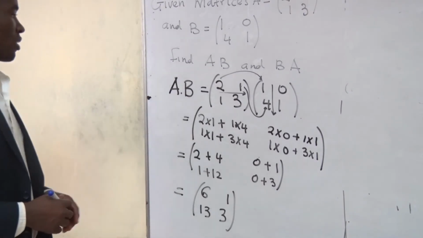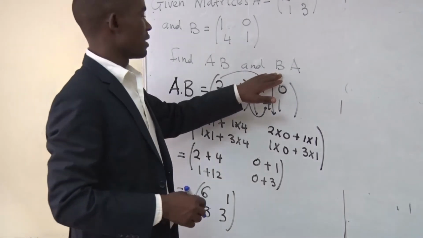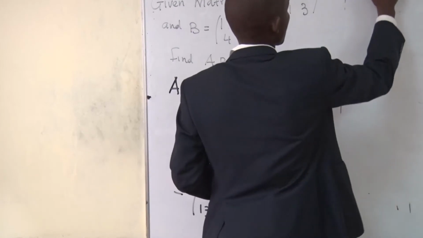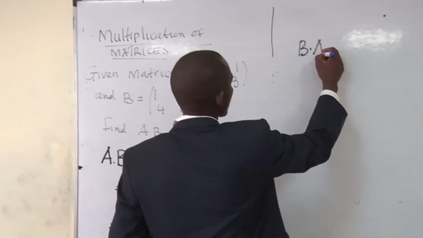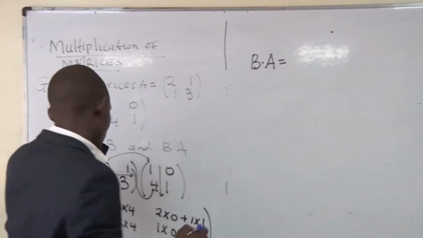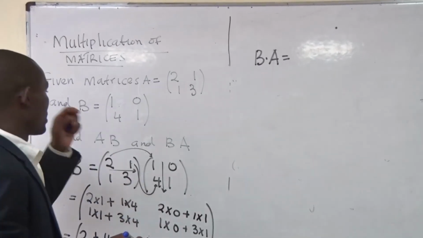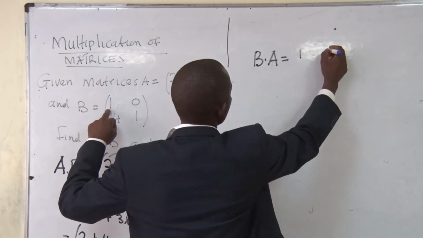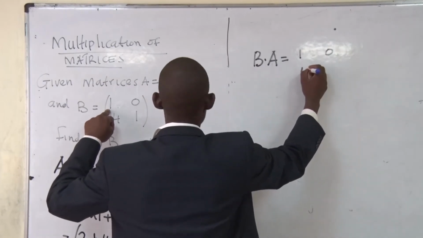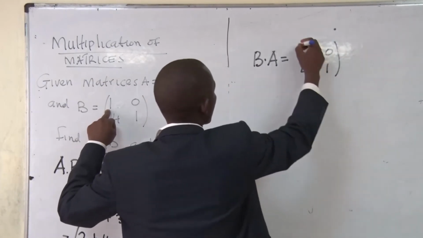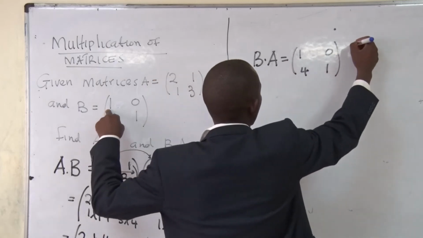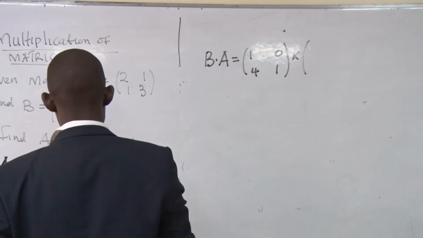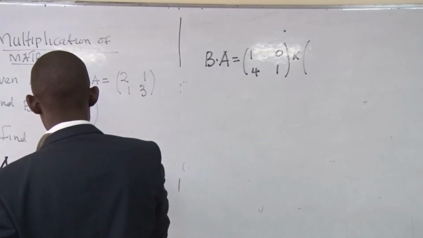We now want to look at when you multiply B with A. If you are given B dot A, you have to begin with B. You can write 1, 0, 4, 1, then multiplied by, remember even this I should have put a multiplication.